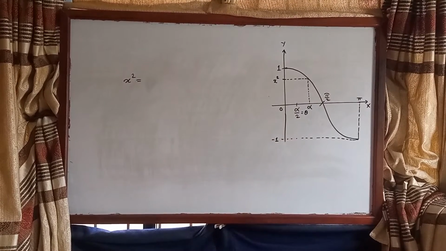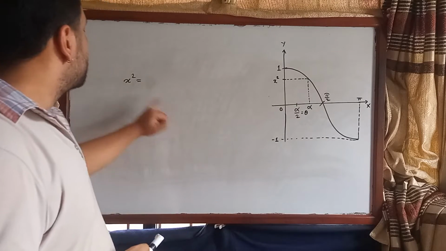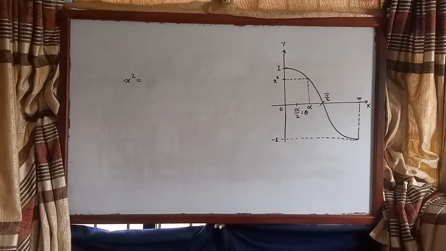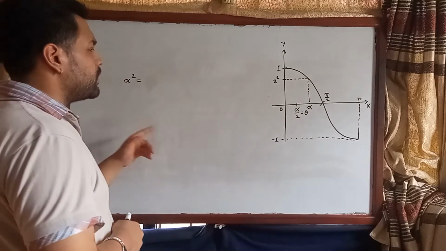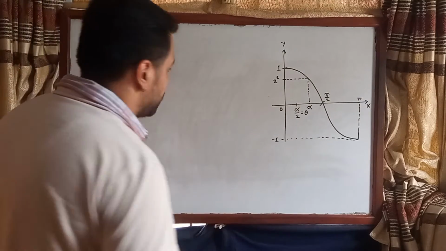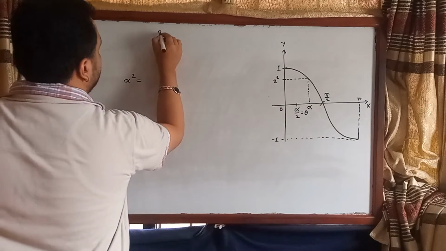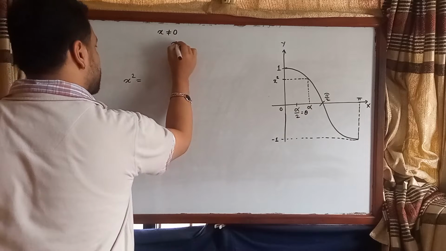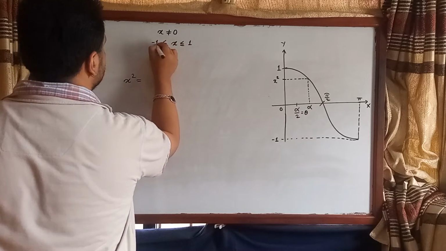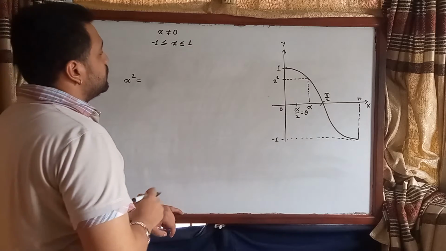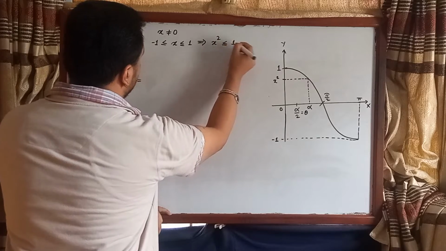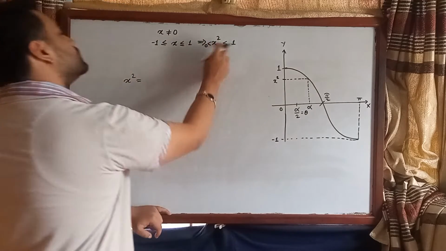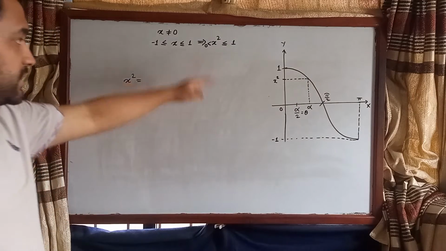Now let's look at another way in which we can obtain x squared is equal to cos of twice theta, with the same conditions on theta. We were given that x is not equal to 0, and this was also given, so this will mean x squared is less than or equal to 1, but since x is not equal to 0, we'll have this inequality.